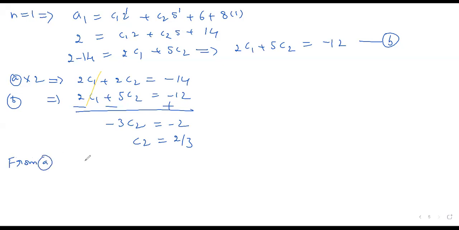From equation A, what is equation A? C1 plus C2 equals minus 7. In this, the C1 value we don't know, but C2 you already know. C2 is 2 by 3, equals minus 7.